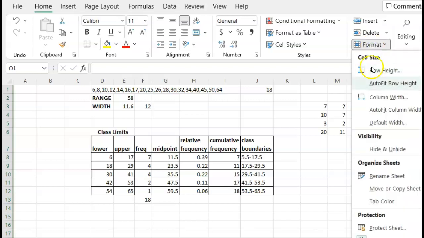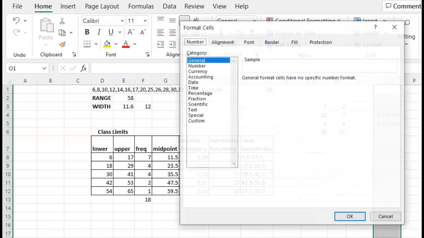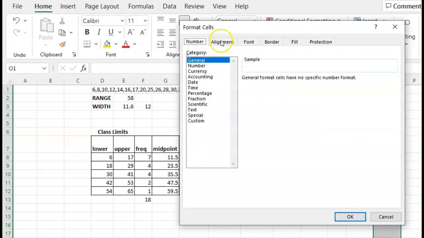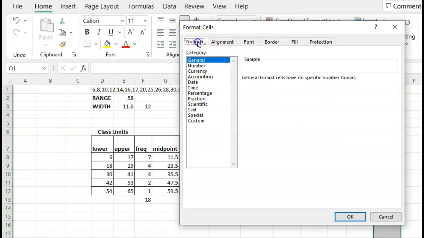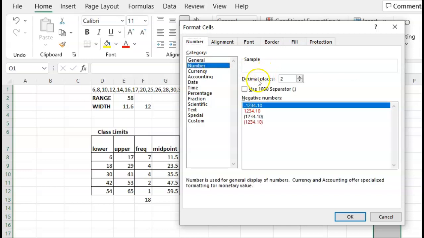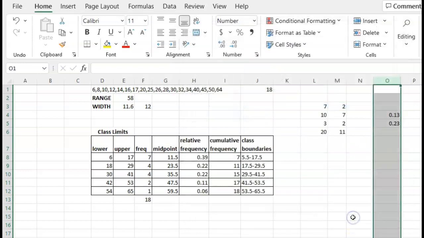And I'm going to say format cells, and then at the very bottom, and I don't think you can see that right now, at the very bottom of this menu, it says format cells. And here are the different things that you can do with your cells. But I want to look at this. This is looking at the data in my cell, and I'm going to choose number here. And this allows me to select how many decimal places I want to see. And I'm going to say 2 and OK.